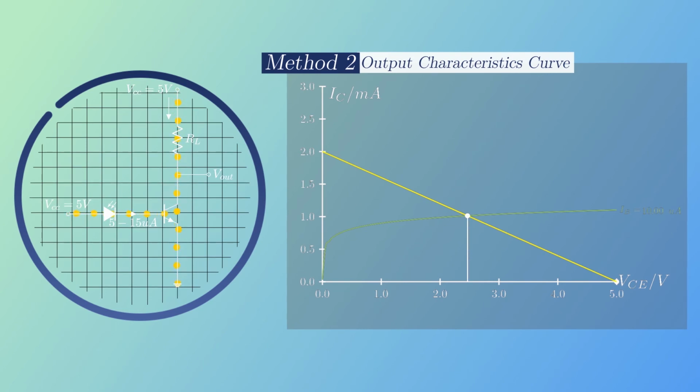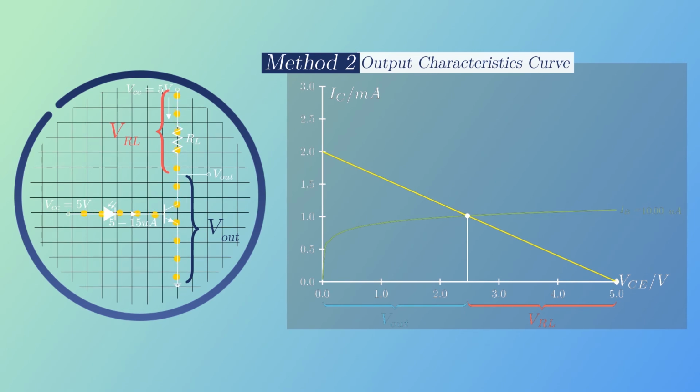Notice that Vout is equivalent to VCE, so the voltage on the left of the intersection point equates to Vout, while the voltage on the right represents the PD across the resistor. The sum of these two is always equal to VCC, and we can observe that the x-axis is kind of behaving like a voltage divider. The negative correlation between IB and Vout that we mentioned earlier can also be seen here.